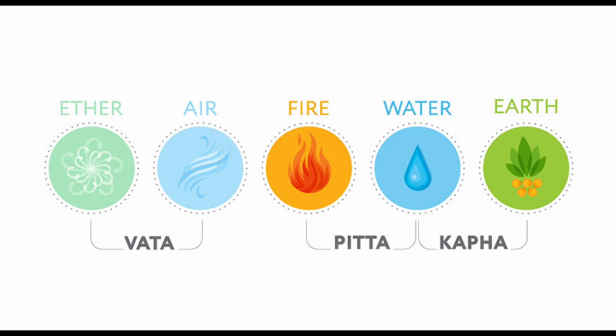Let me just correct this, sorry, I made a mistake. Just a small correction. When the Mamsa to Meda happens, the secondary tissue which is formed is basically skin and the subcutaneous fat.